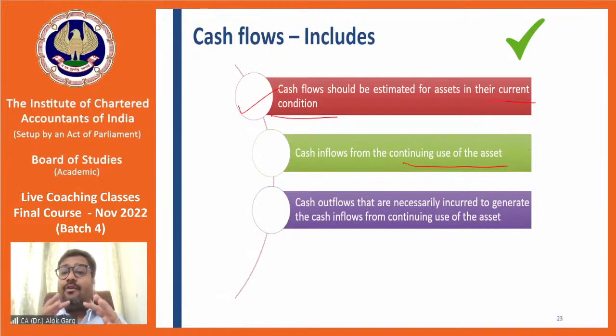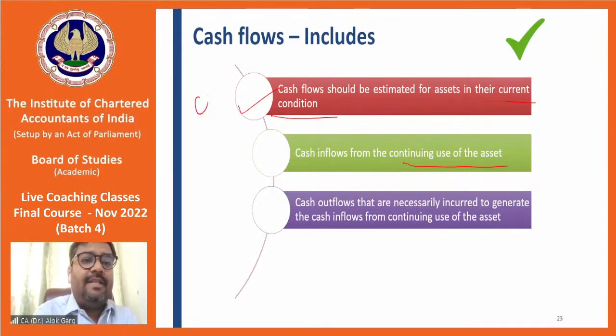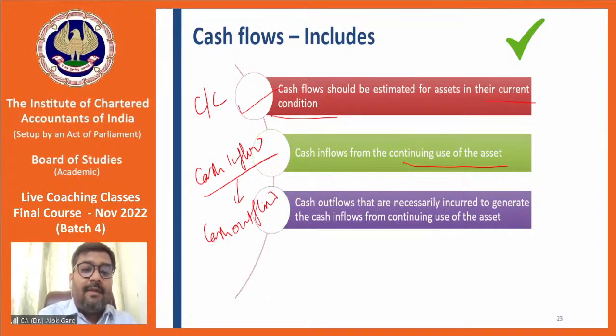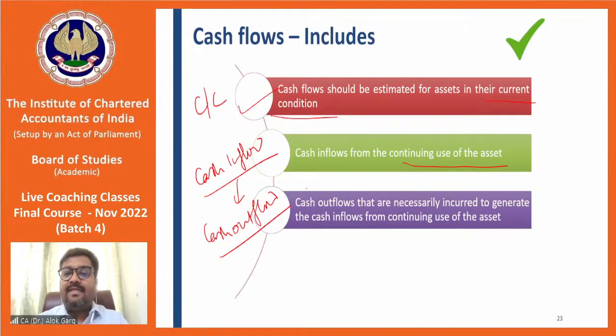If you are using the asset, for example, you are estimating the cash flow. Of course, the first one is current condition. Second, from use of the asset, what are the cash inflows which will come from using the asset, as well as you have to net off cash outflow also. For example, if you will use the machinery, there is some repair and maintenance expense of that machinery as well, right? So you have to feed some grease, oil in that machinery.